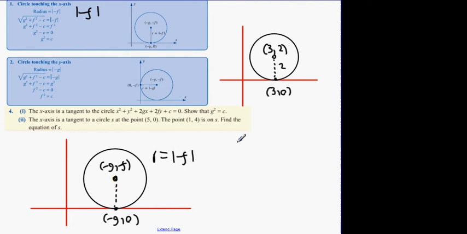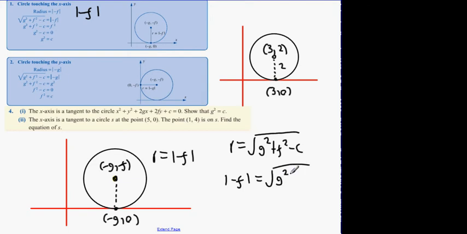Now, using the formula radius equals the square root of g squared plus f squared minus c, we now know that the radius is the modulus of minus f. Then you have g squared plus f squared minus c.